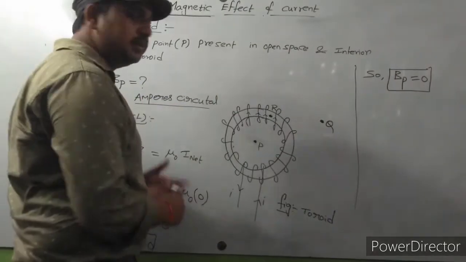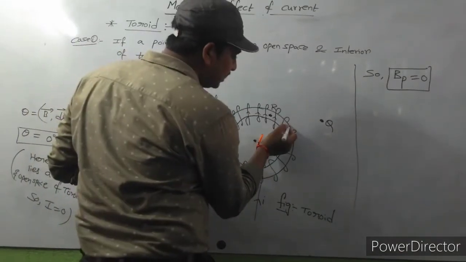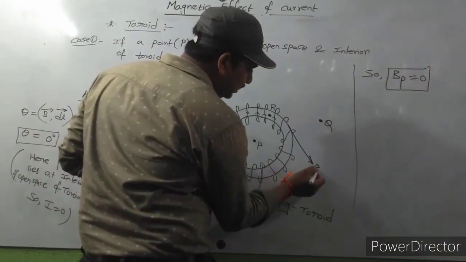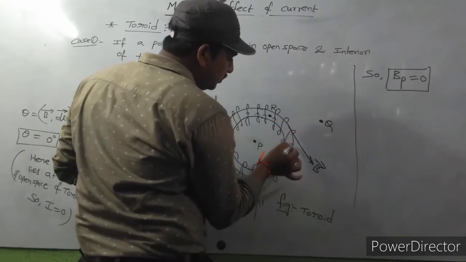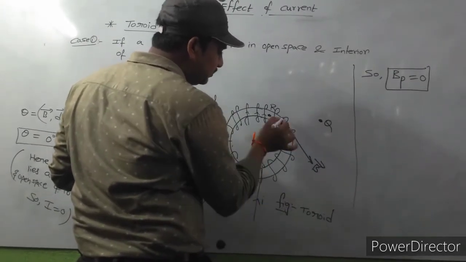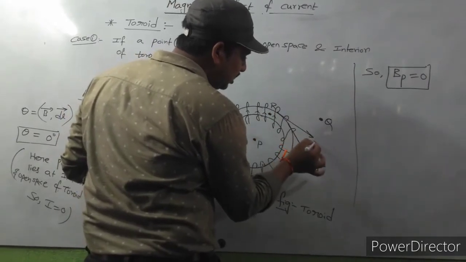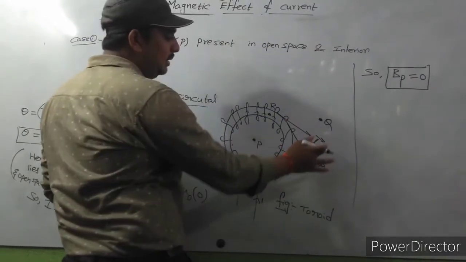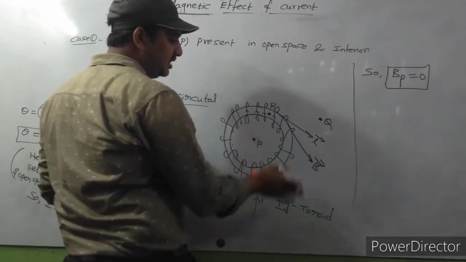The angle between B bar and dl bar, magnetic field and dl bar, both are 0 degrees because this is a circular shape. For circular shape, this is the magnetic field vector, and the length vector L bar, if you draw the tangent to this, this is also L bar. So the angle between B bar and L bar is the same.